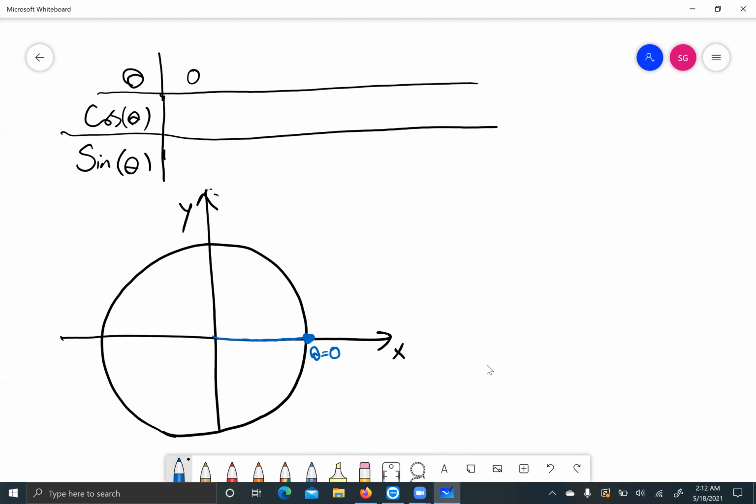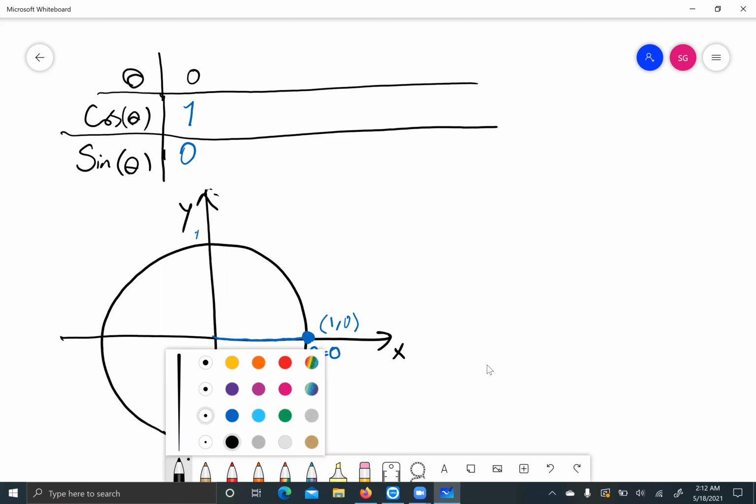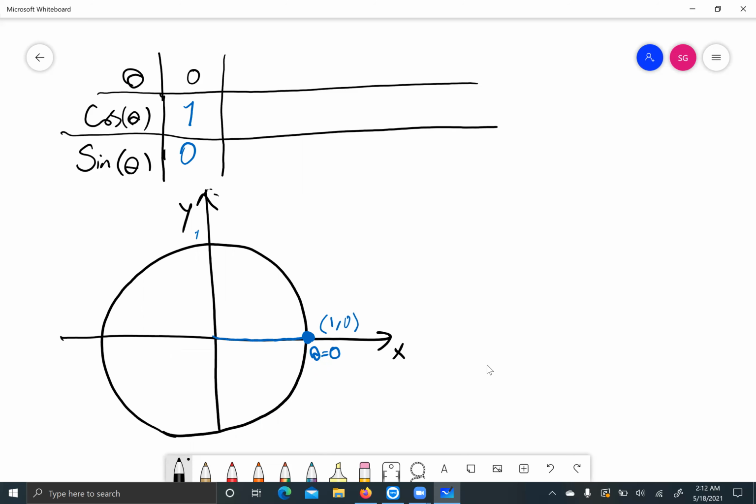Cosine is the x value. Because this theta corresponds to a point, this point has the x value of 1, because this is a unit circle, the radius is 1. And so the x value is 1, the height is 0, right? Cosine is the x value and sine is the y value, the height. So we determined the output values for 0.